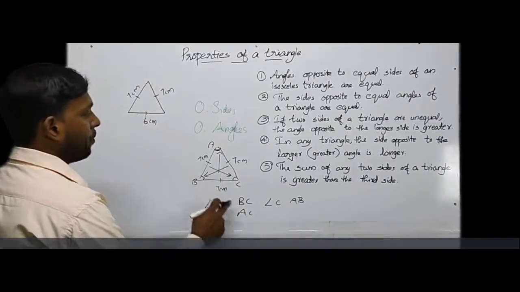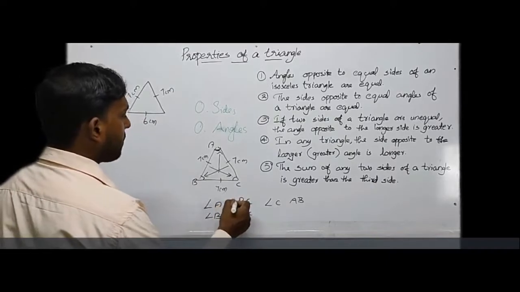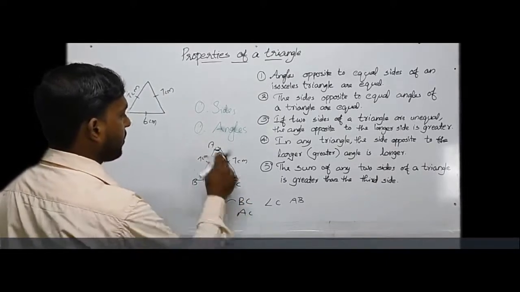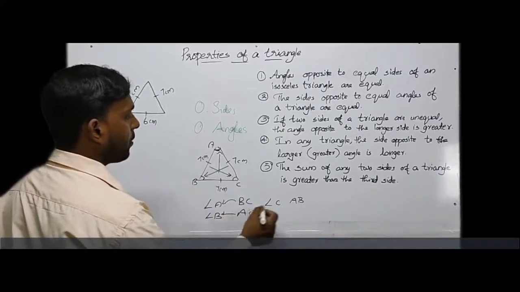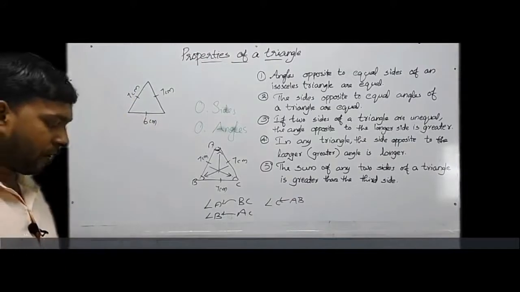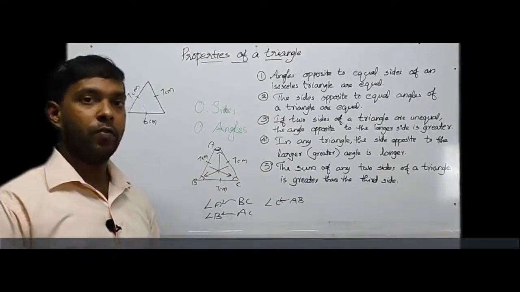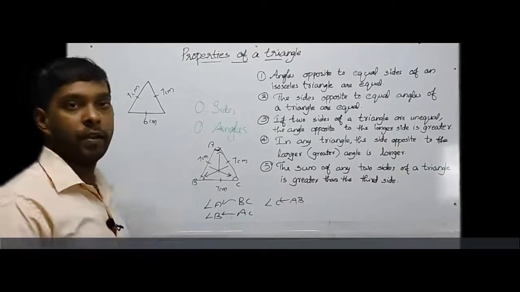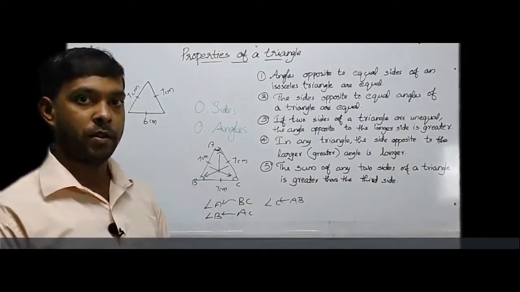So BC, its opposite angle is A. AC, its opposite angle is B. AB, its opposite angle is C. Hope these two terms are very clear, what you mean by opposite sides and what you mean by opposite angles.